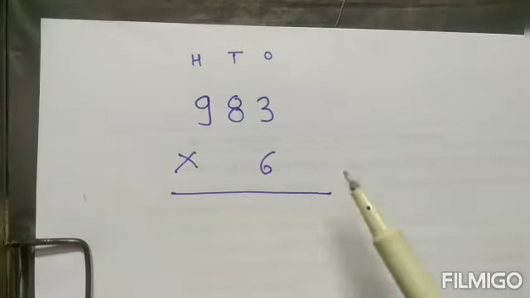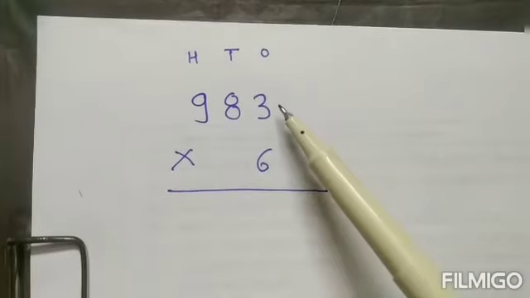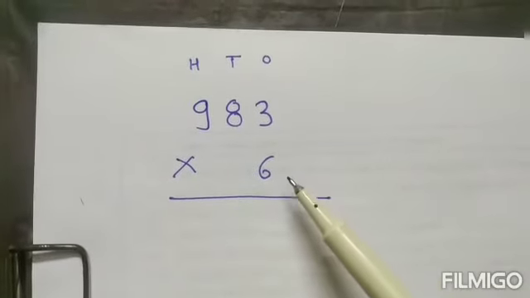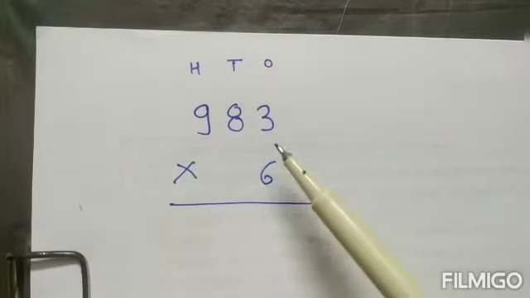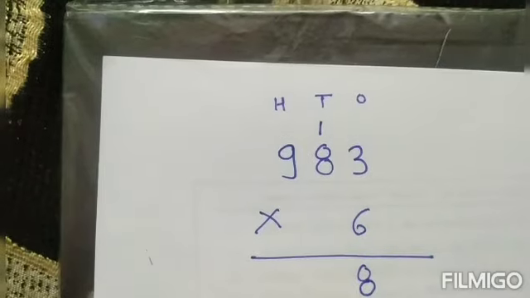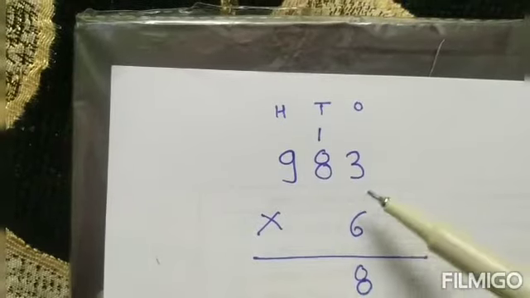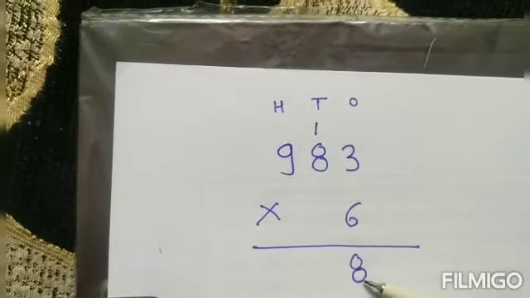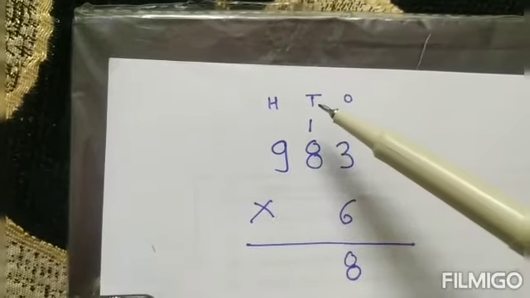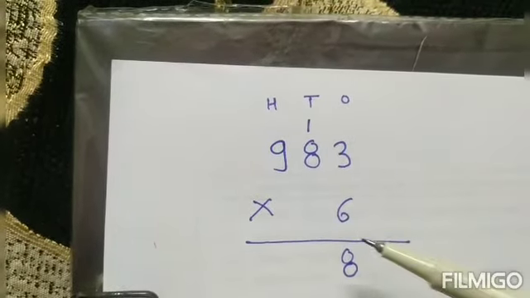Now the first step is multiply 6 with 3. Children, start counting table of 6 up to 3. 6 threes are 18. Write down 8 here and carry 1 to the tens column.